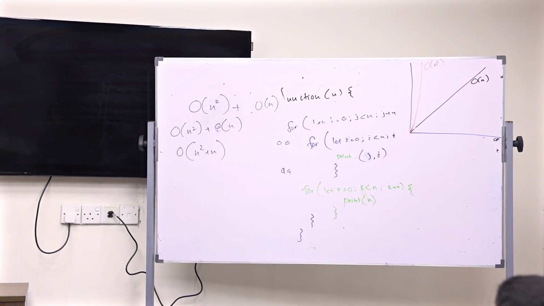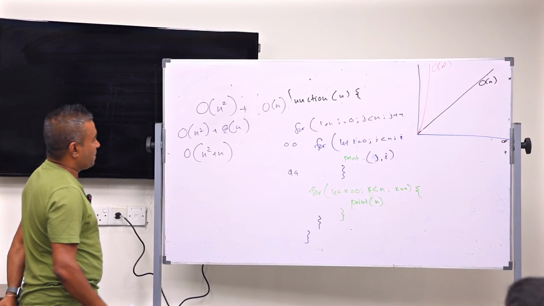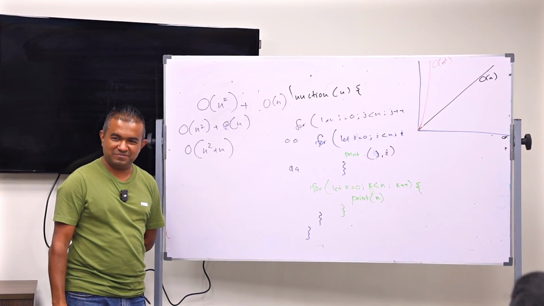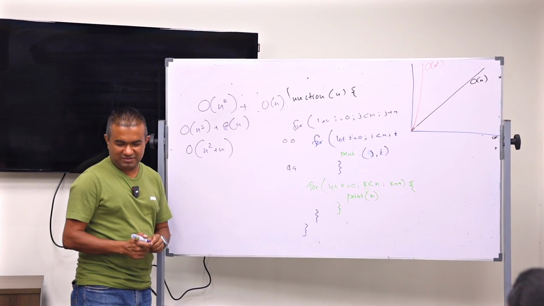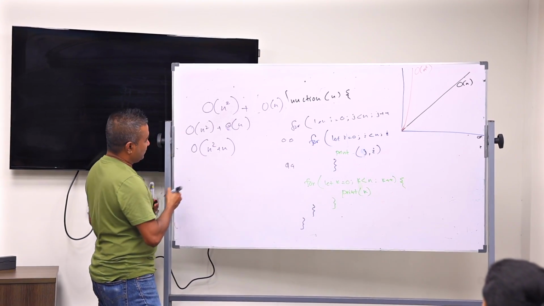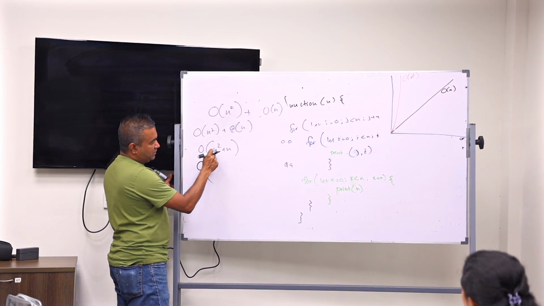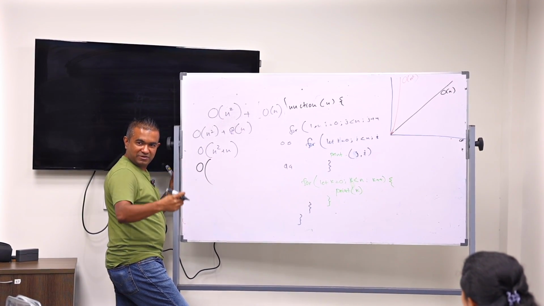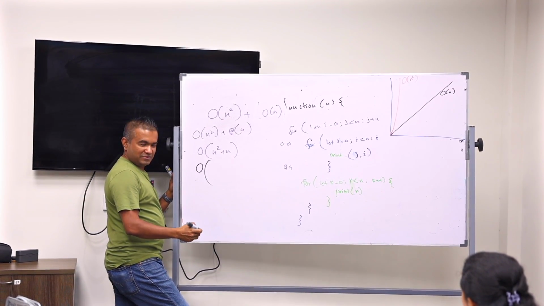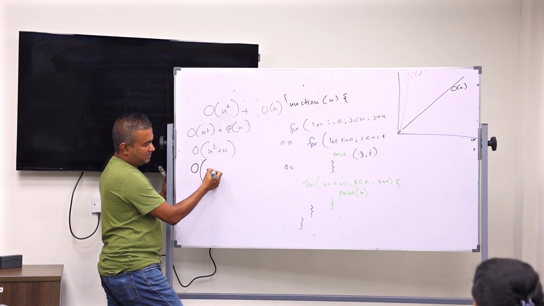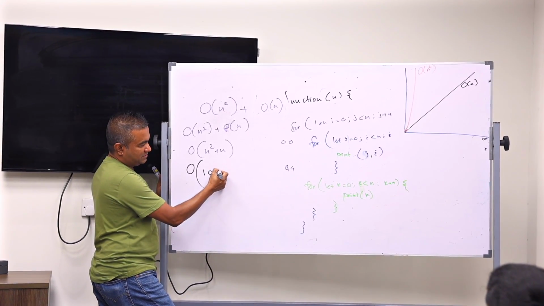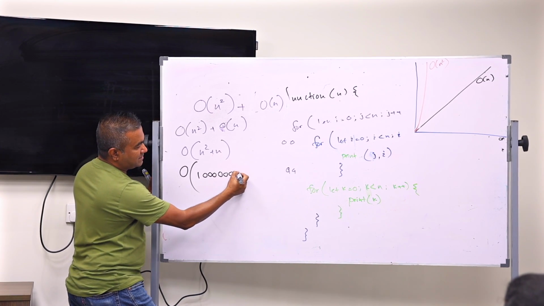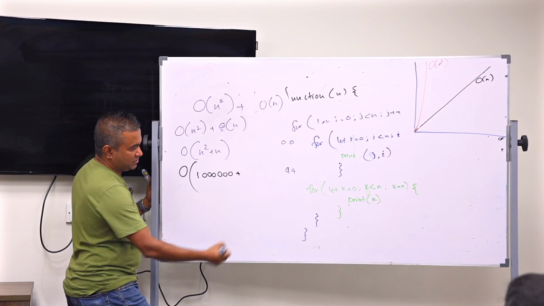Okay. Now, here is the problem. See this one. Let us say n is 1000. So, now what is this value? N squared, n is 1000 now. How many zeros? 6 zeros, right, plus n is 1000.